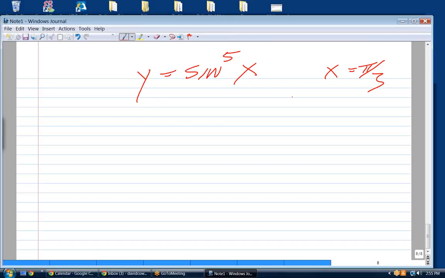So then wouldn't you just differentiate it and then put in pi over 3? Yeah, so that's not hard at all. The derivative of that is 5 sine to the 4th of x cosine x, and then just evaluate it at pi over 3.